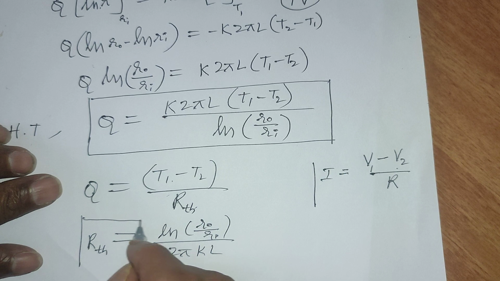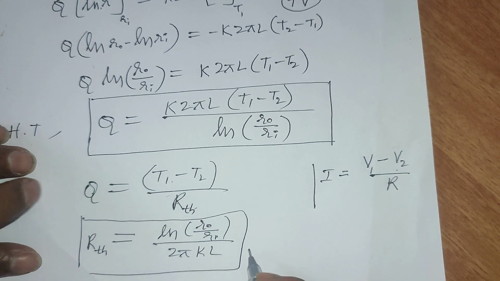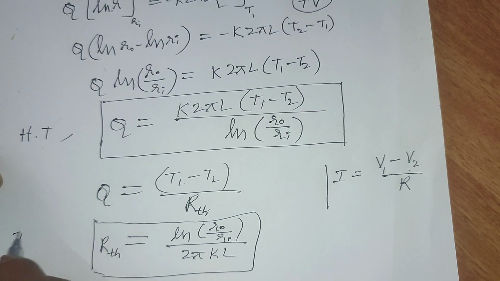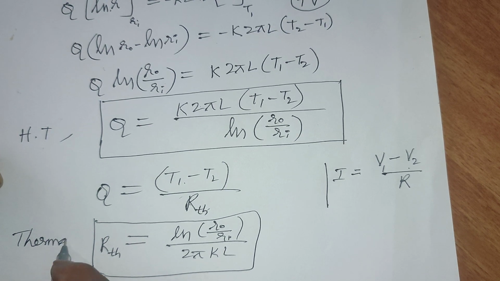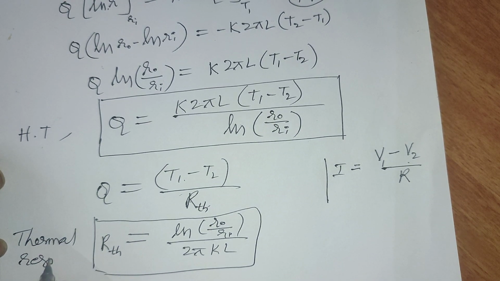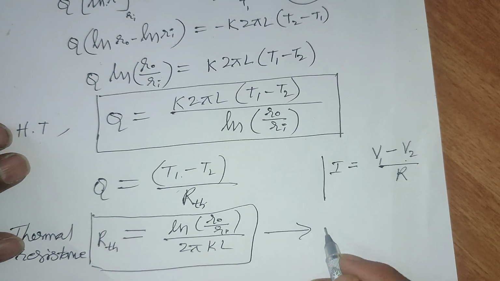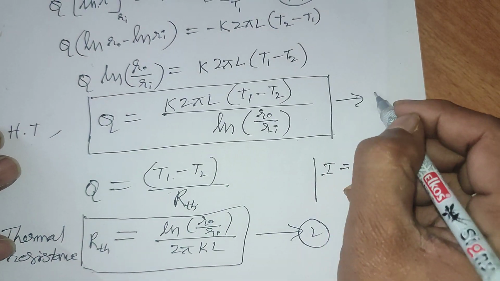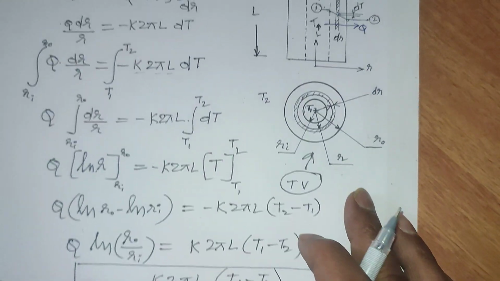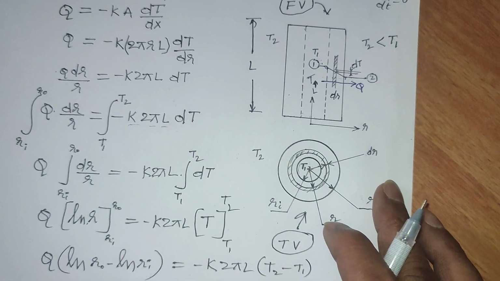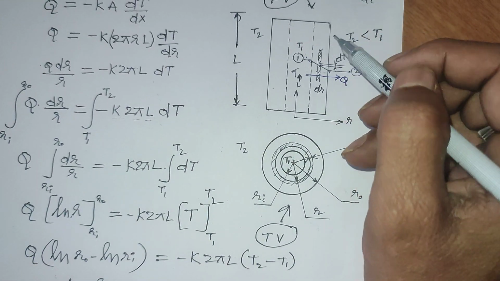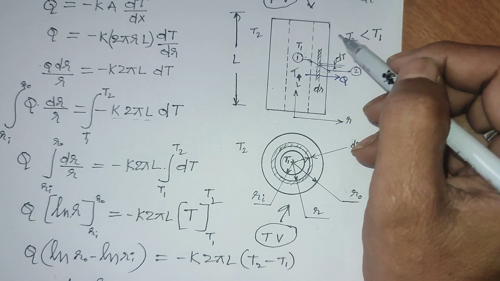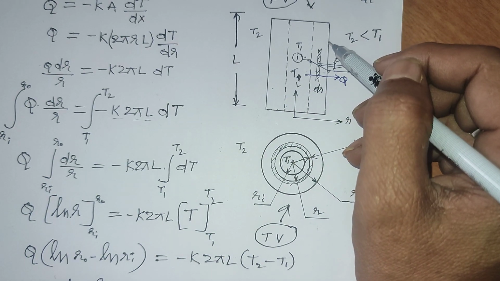This is the thermal resistance. So this is equation 2, this is equation 1. So like this we can derive the equation for heat transfer from inner to outer side across the cylinder wall.